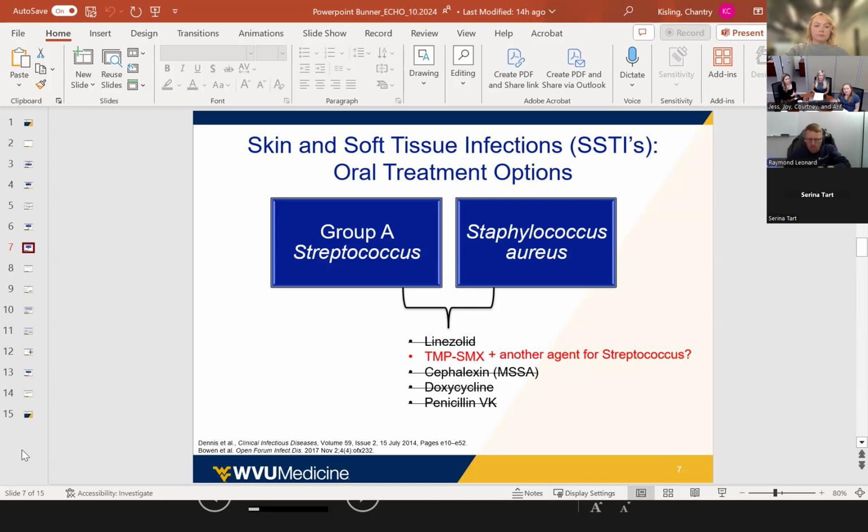But Bactrim has been a proposed option to cover both group A strep and Staph aureus. But according to the most recent guidelines, if we're covering for both, and we think that group A strep is a pathogen at play here, then it's recommended sometimes to add on another agent for streptococcus. If you go to the next slide.